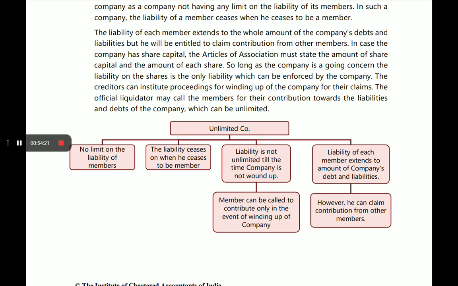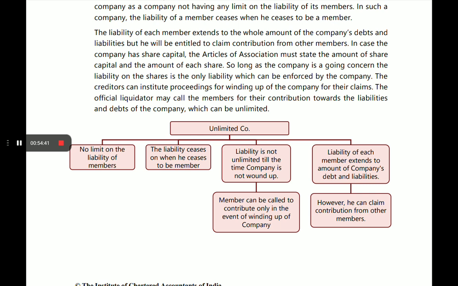Unlimited company. No limit on the liability of members. The liability continues even after he ceases to be a member. Liability is not unlimited till the time the company is wound up.